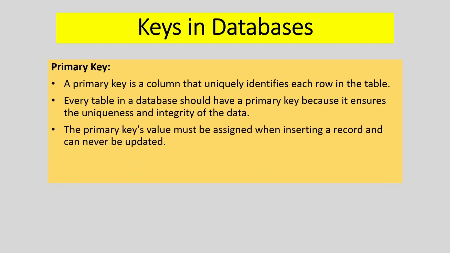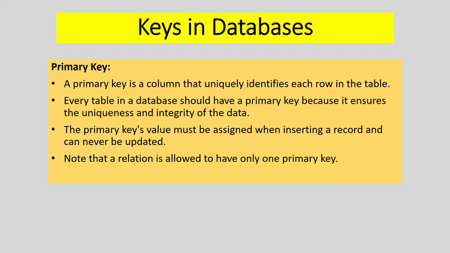The primary key's value must be assigned when inserting a record and never be updated. Usually when we create a table in a database, we mention that this particular column is a primary key. So that's what it means.